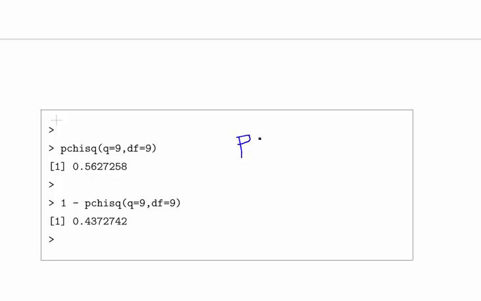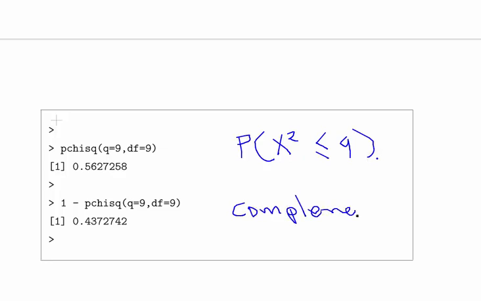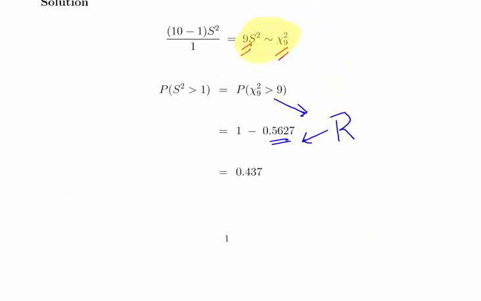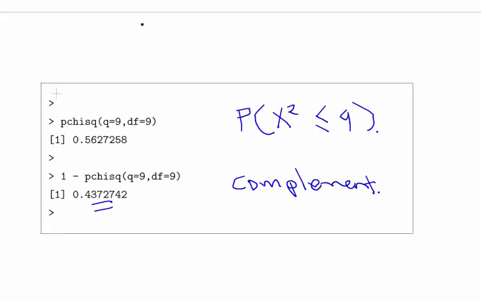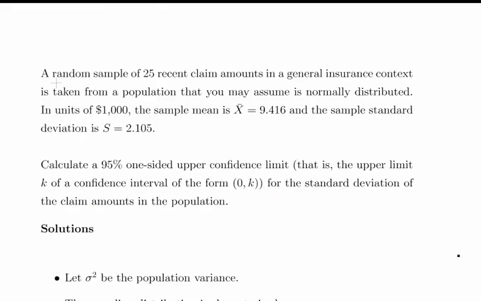That is the probability of chi-squared less than or equal to 9, and the answer is the complement of that, 0.4372. The programming language R is how we would solve this one. Learning a lot of these commands, chisq, pchisq, qchisq and so on, is how we would work with a couple of these problems.